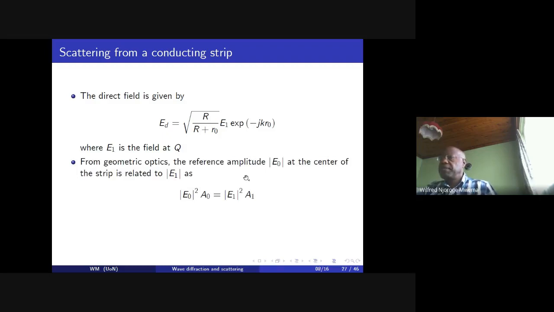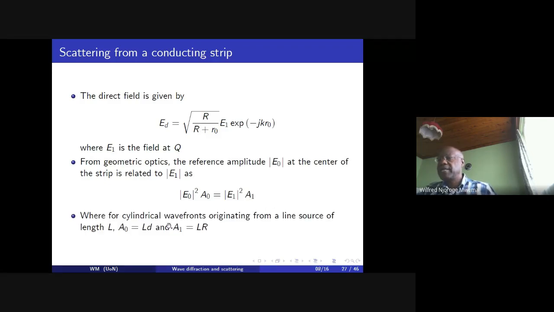From geometric optics, the reference amplitude E naught at the center of the strip will be related to E1 as E naught squared multiplied by A naught equal to E1 squared multiplied by A1.